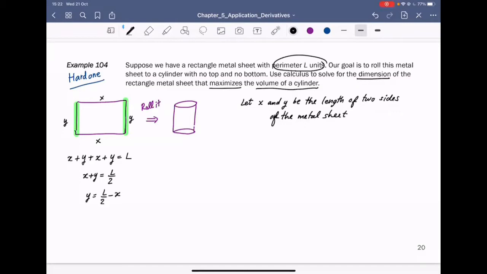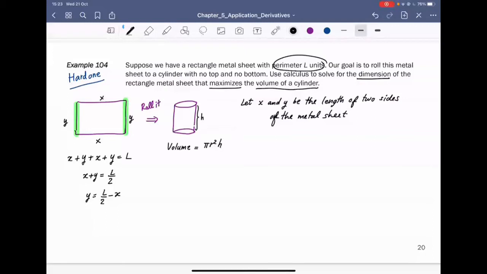Sounds good. So when we roll it into the cylinder, we're going to get a cylinder here. And what is the formula for the volume of the cylinder? The volume of the cylinder is pi r squared times height. However, the height that you're going to use here, h, is the same thing as y, right?